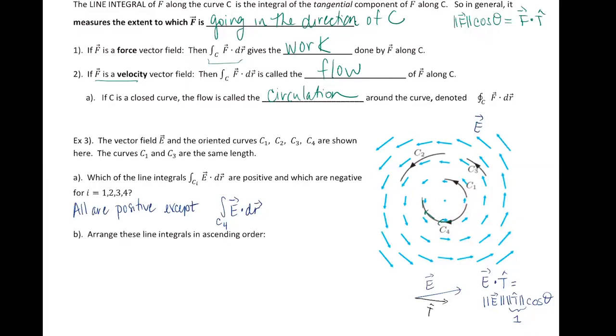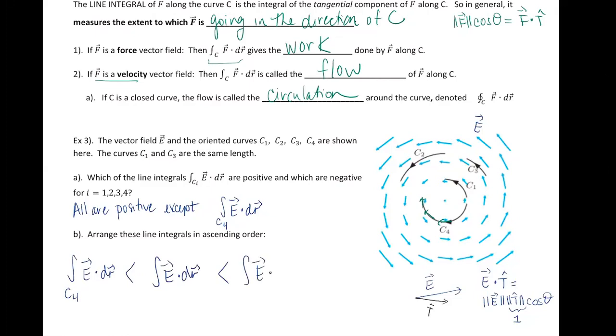Here's another one. Here's another one. We know when we take the dot product between two vectors that are pointing in opposite directions, we'll have a negative value because the cosine of the angle between them will be negative. So all of them are going to be positive except for the integral of E dot dr over C4. And so if we're listing them in ascending order, that helps us realize that this will be the smallest. And let's see what the next smallest would be.